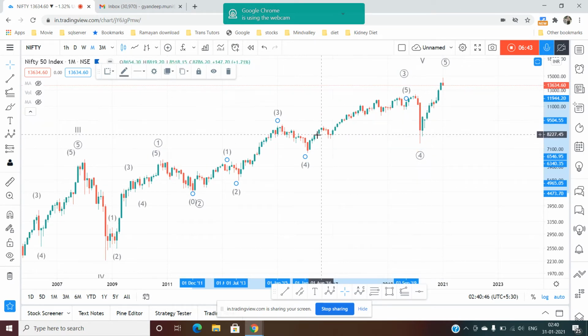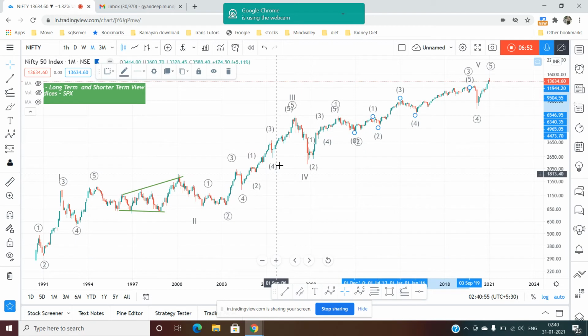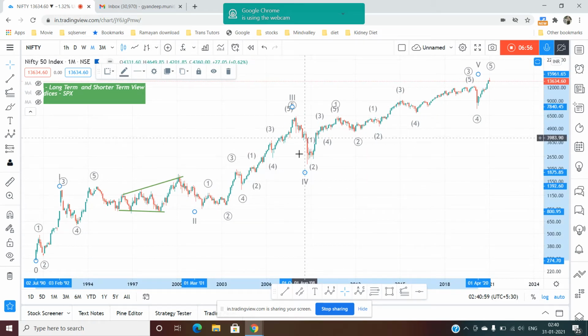The fourth wave is falling near the previous, that is the intermediate fourth wave. The same thing that happened here. You see this fourth wave cycle is falling towards the end of the fourth wave of the intermediate cycle. So this type of support zone is very important.